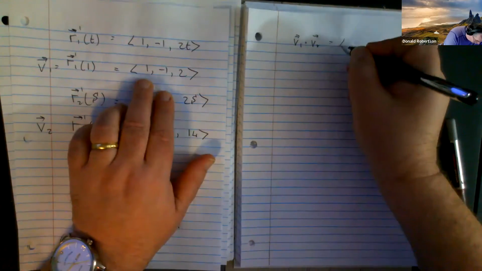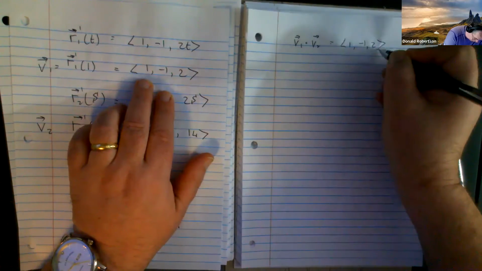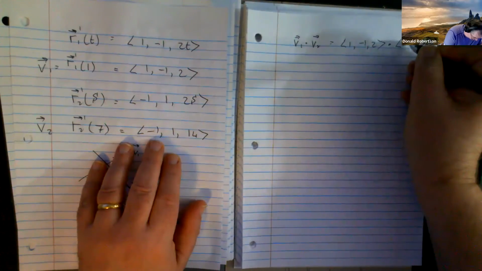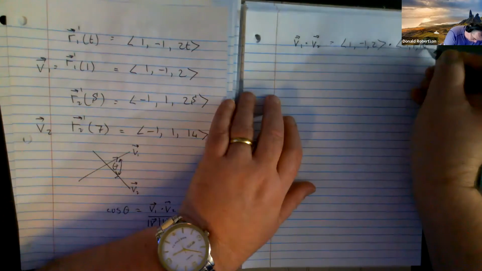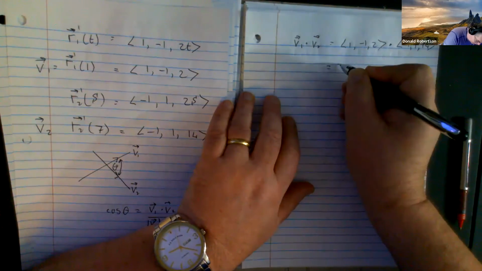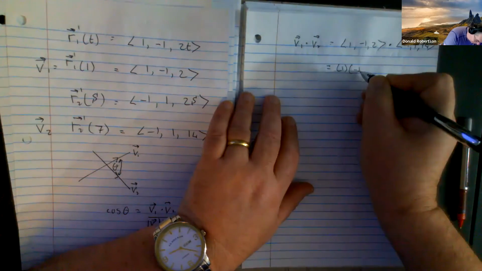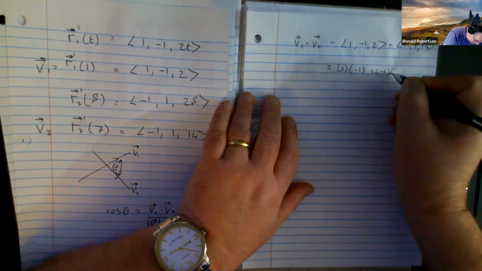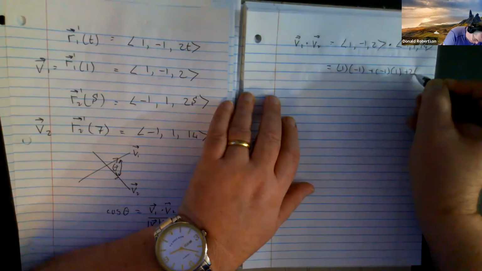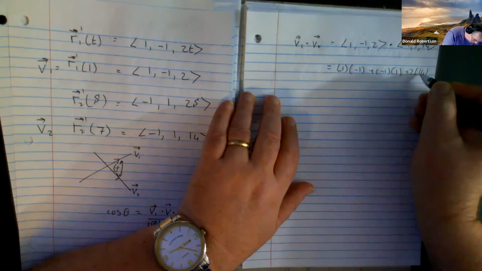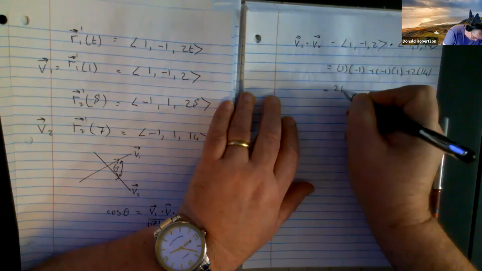So it's going to be 1, -1, 2, dot product with -1, 1, 14. And that's going to get me 1 times -1 plus -1 times 1 plus 2 times 14. 28 take away 2, I believe that's 26.